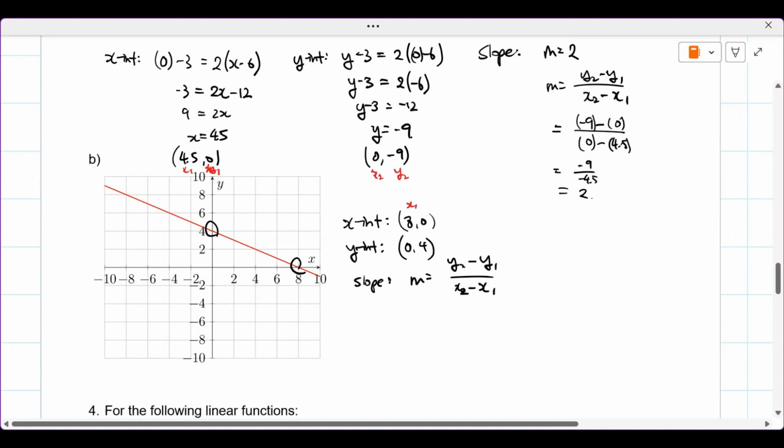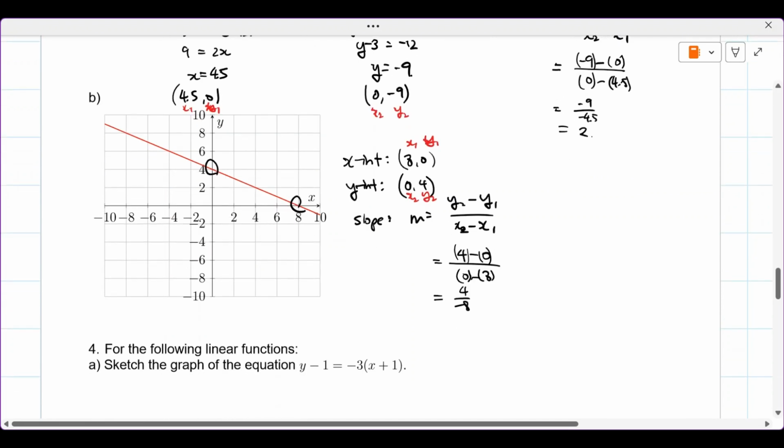So if I call this x1, y1, x2, y2, plug into the formula, 4 minus 0 divided by 0 minus 8. So that's going to be 4 divided by negative 8, which is equal to negative 0.5. That is my slope.